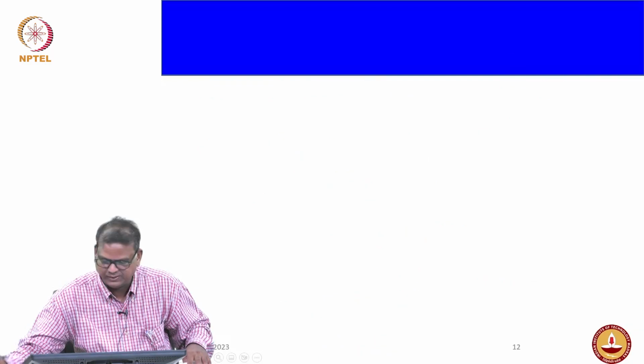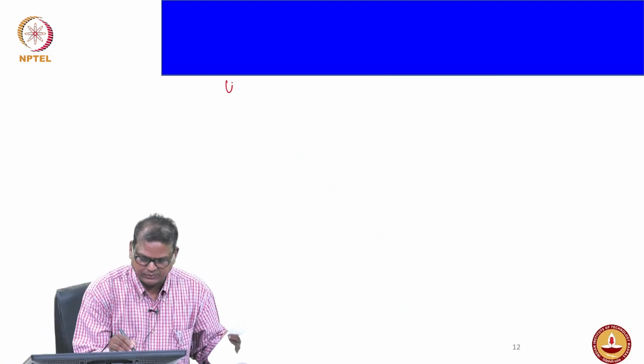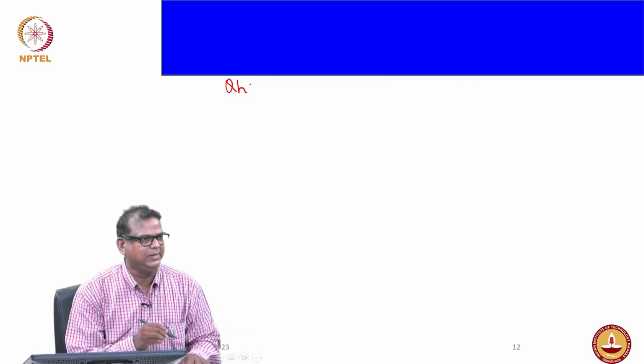A little bit of mathematical thing. We know that this is our QH, the total heat generated.